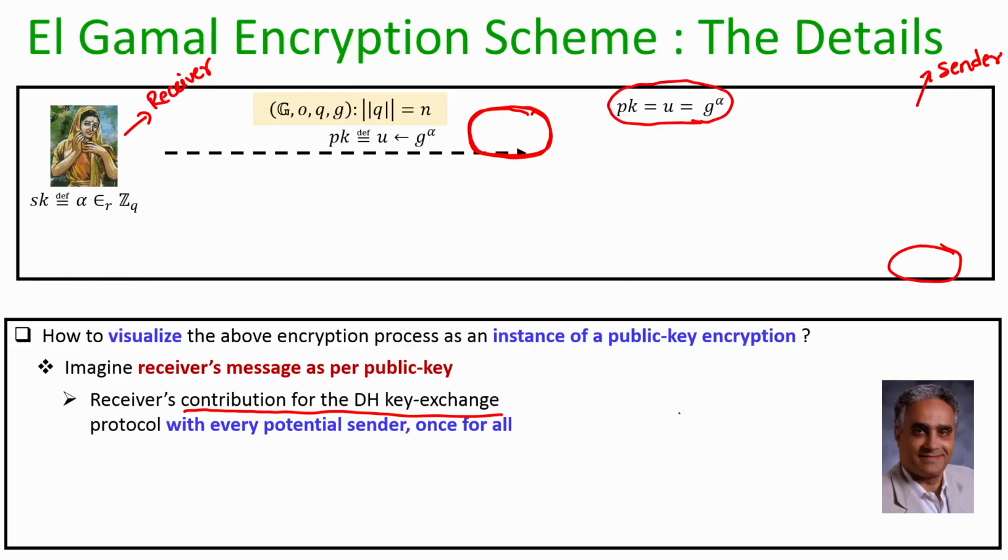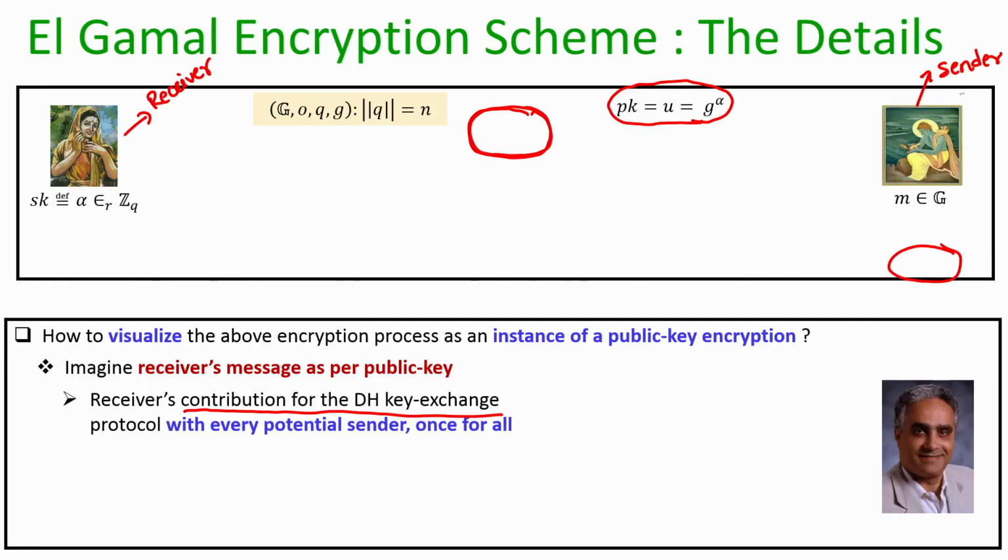So, it is as good as saying that she is declaring publicly that, okay, I will not be again and again participating in different instances of the Diffie-Hellman key exchange protocol. Whoever is going to be Ram, just think as if I am sending g to the power alpha to you had I participated in the Diffie-Hellman key exchange protocol. That is the way the public key and secret key will be picked by our receiver.